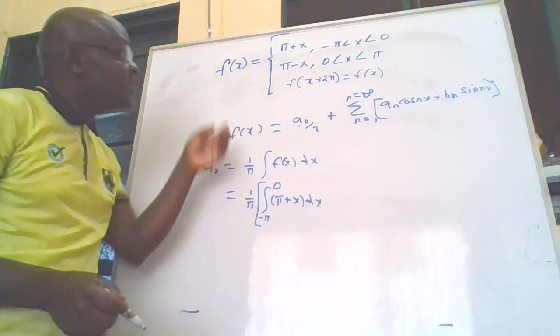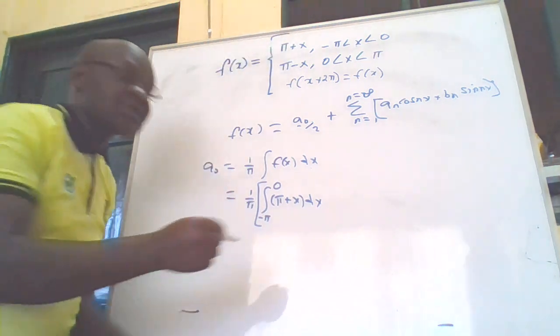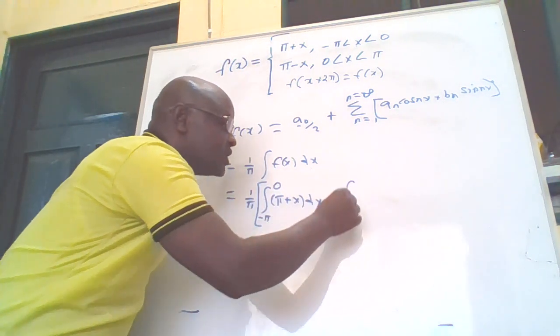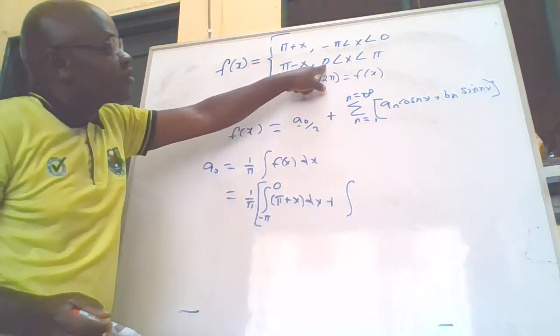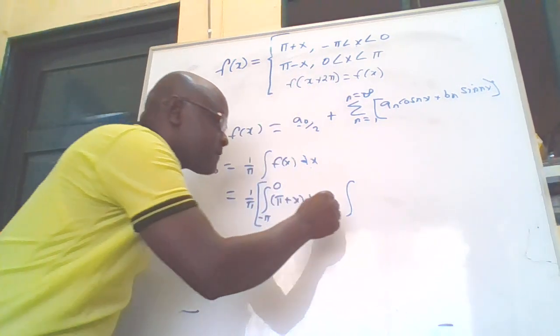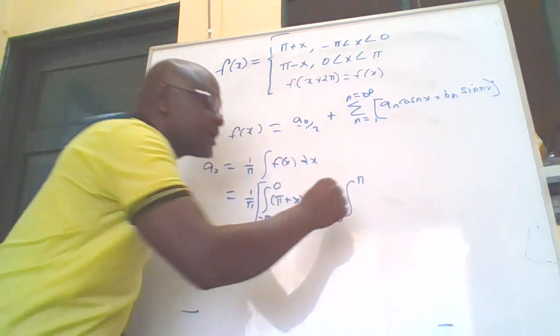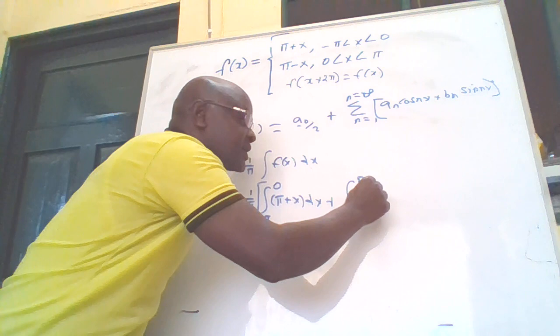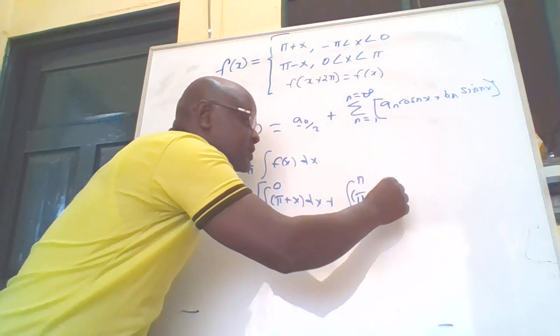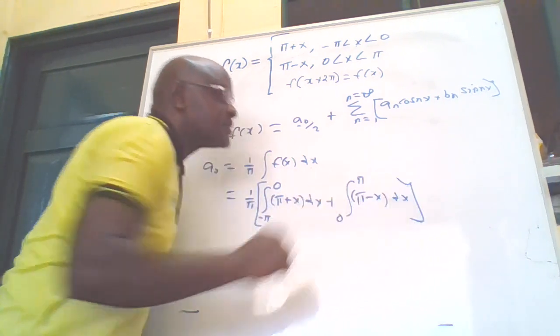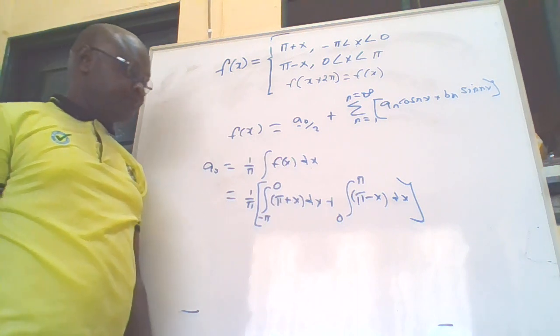But remember, we have two intervals. We have this and that. Therefore, we shall have plus, in that interval, we are integrating from 0 to pi. What is f of x in this interval? It's pi minus x, then dx.